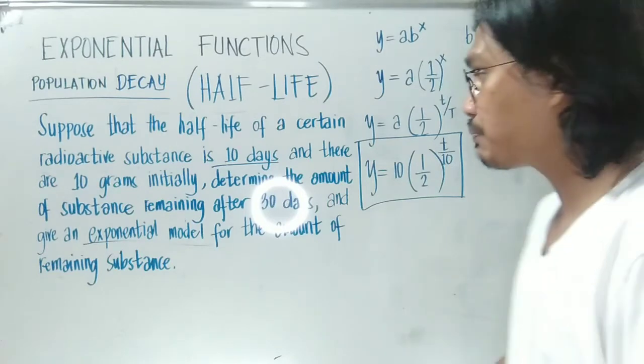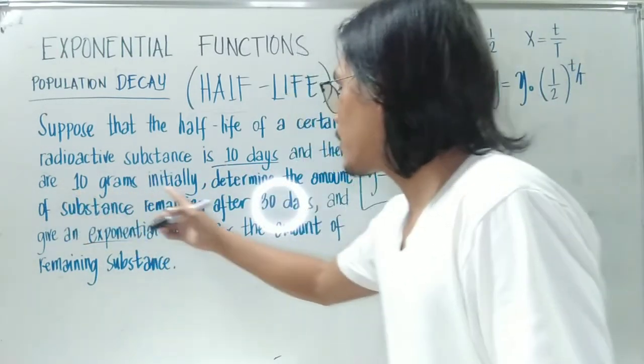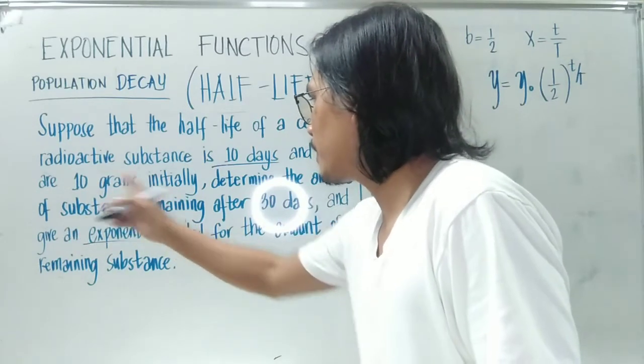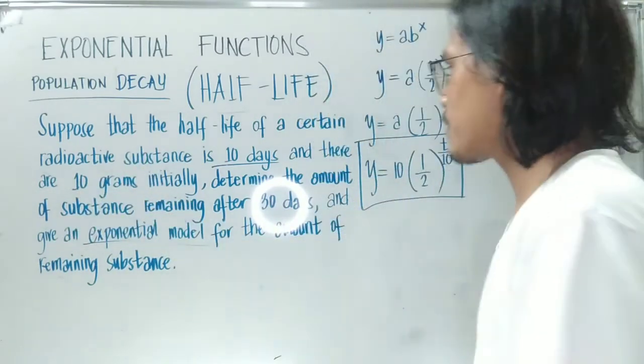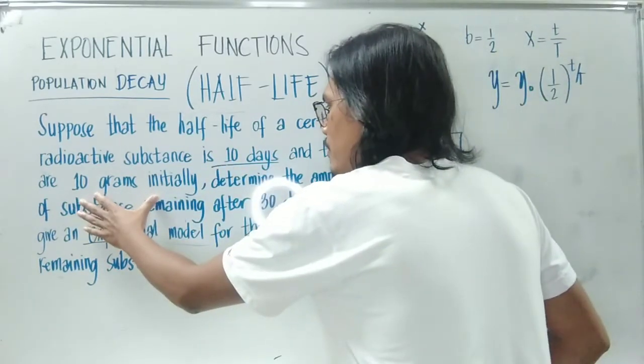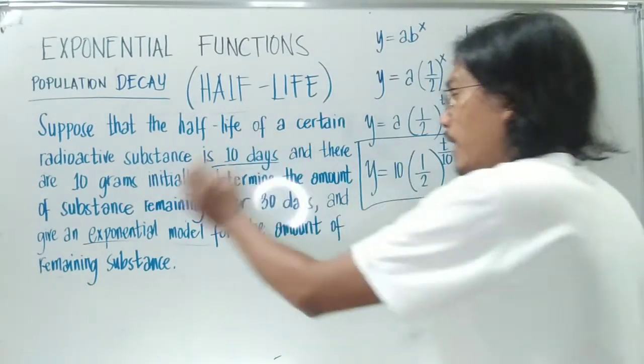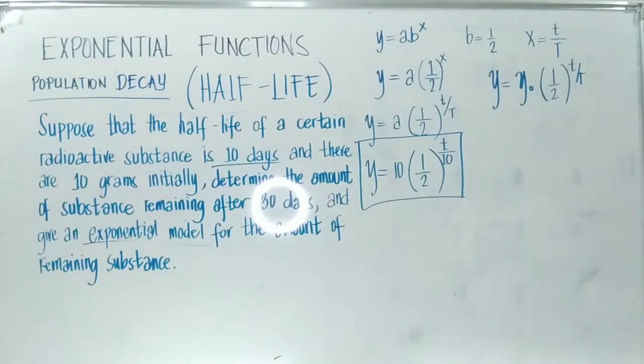So assuming the substance is initially 10 grams, after 10 days, the substance will become 5 grams because it will decay by its half.